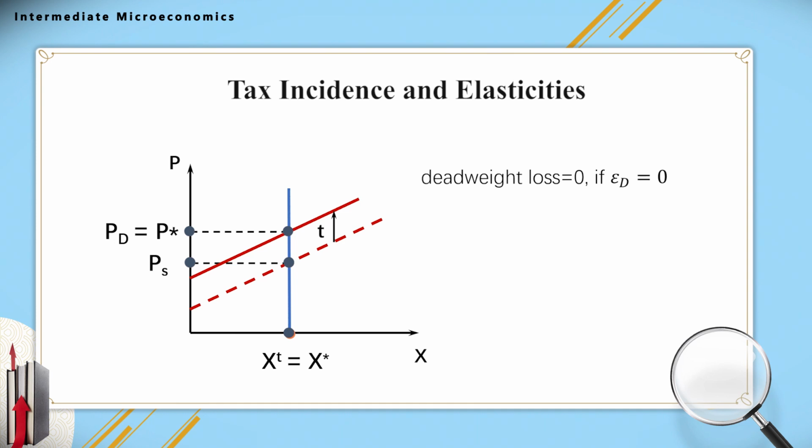There's no deadweight loss. Therefore, generally speaking, tax will cause a deadweight loss and reduce social welfare. Only in very special cases, where the elasticity of demand or the elasticity of supply is zero, the tax will not cause a deadweight loss.